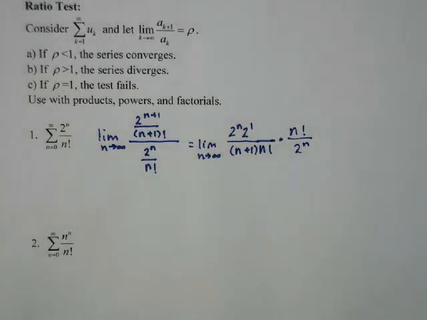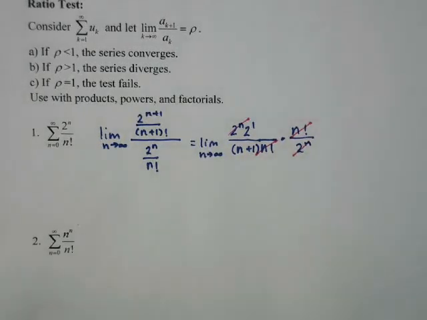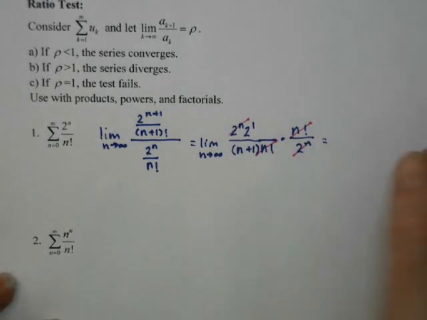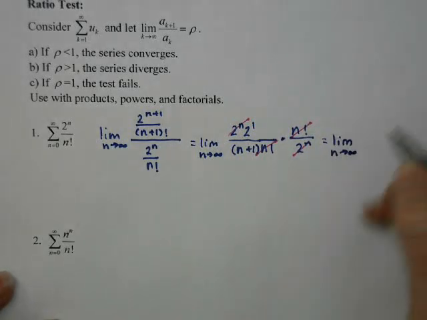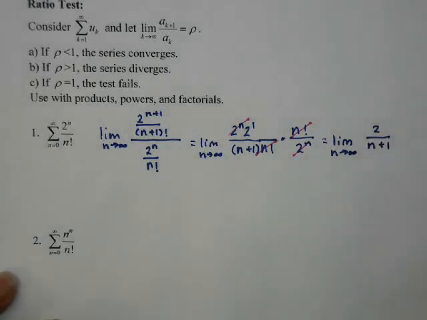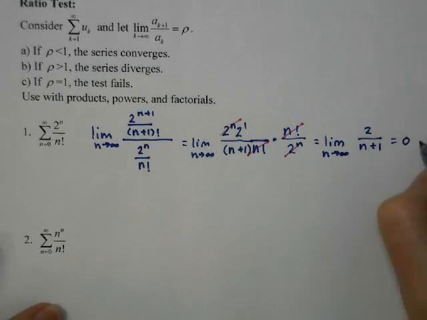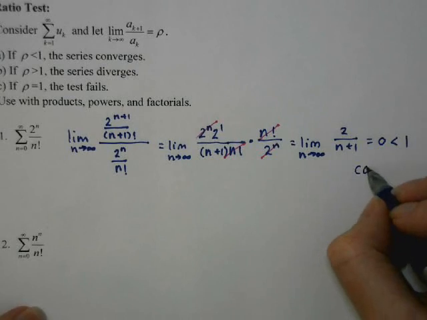And then copy dot flip on the next one, aka multiply by the reciprocal. So the 2 to the n's go away, the n factorials go to the right. This will always happen with factorials and exponentials, they're always going to simplify this way. So we're going to have 2 over n plus 1 is what is left. That limit is 0, which is less than 1, which means our series converges.